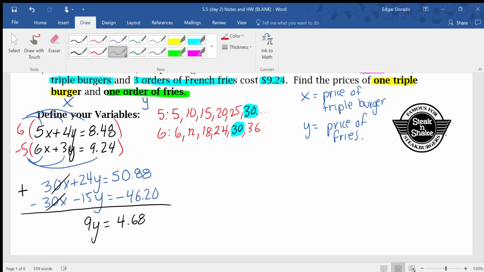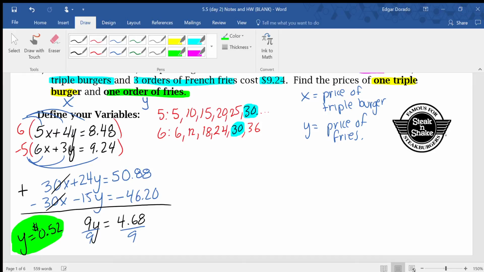Finally, let's go ahead and divide that by 9 to get a final answer of y equals, let's divide it out. I got 0.52, and because we are talking about a price, this would be dollars.